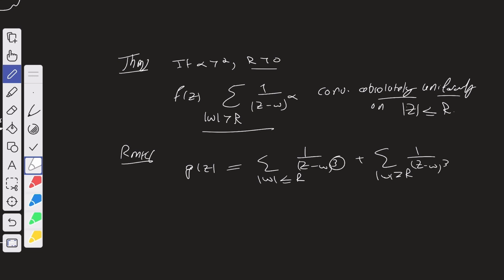So if we pick a particular alpha that is strictly bigger than 2, we have an elliptic function, because this is a locally absolutely uniformly convergent series, so rearrangement is okay, so periodicity of the function is okay, and it's meromorphic because this is an absolutely convergent series on the disk |z| less than or equal to r, and this just has finitely many poles of order 3, and thus the function is meromorphic. So it's enough to prove the theorem, and you can plug in your favorite alpha that is strictly bigger than 2 and get an elliptic function.